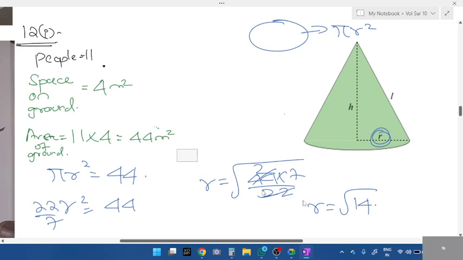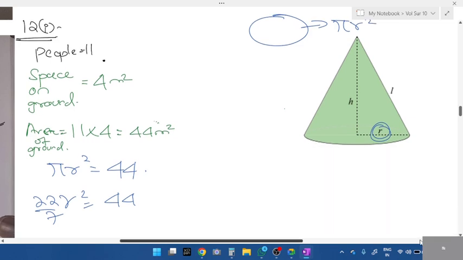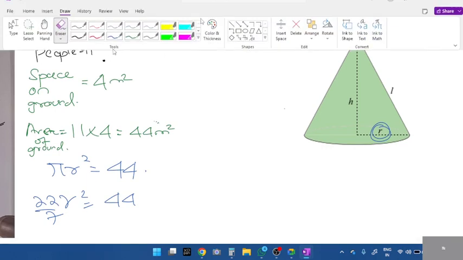All of you completed till here? Done. Root 14. I'll write it as root 14, students.